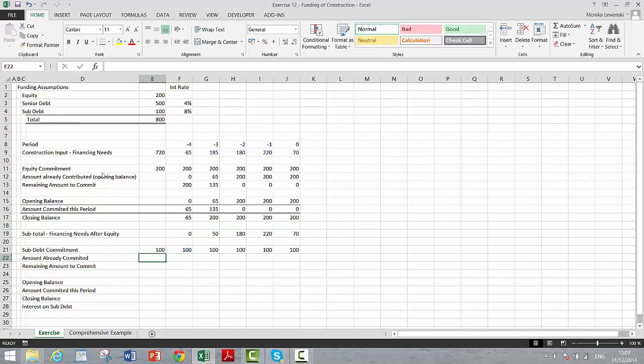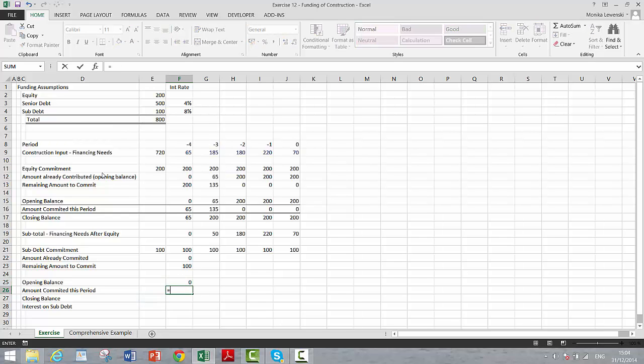Okay, and then the amount already committed, that's again going to be our opening balance, and the remaining amount to commit is the difference, and the opening balance is equal to the closing balance. Oops, and I did it wrong.